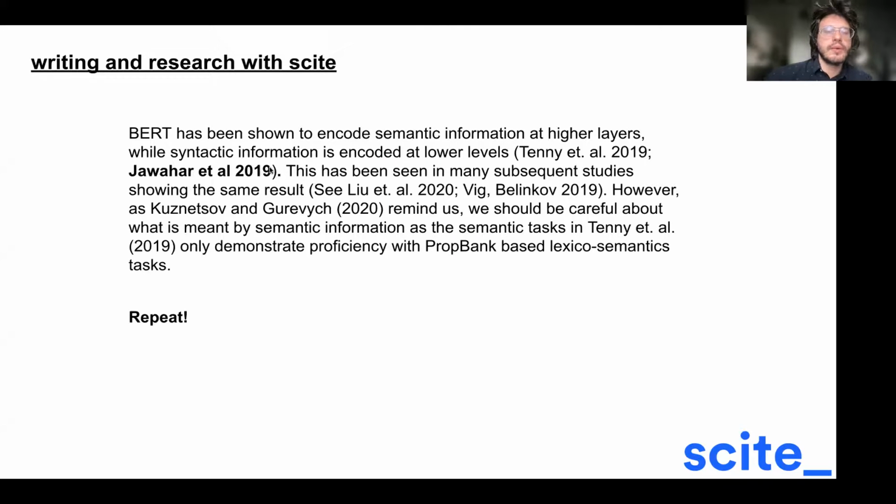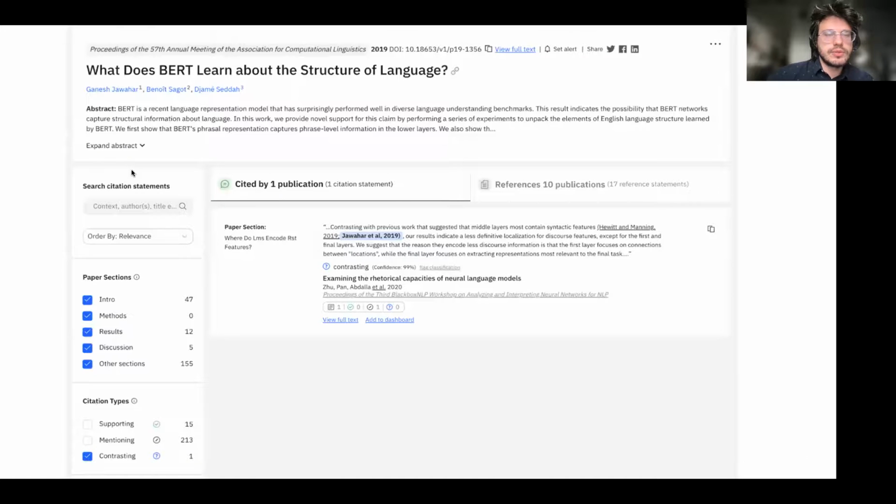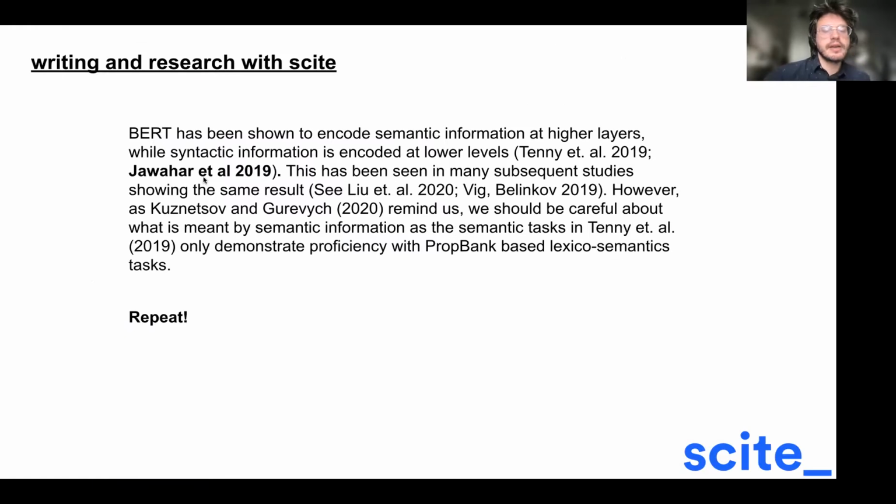So for this particular claim people also cite Jawahar, and maybe that gives us an indicator to read Jawahar and understand: is this prior art, or were they influenced by each other? Either way, this claim was made by two papers independently, since Jawahar doesn't cite Tenney, I don't believe.